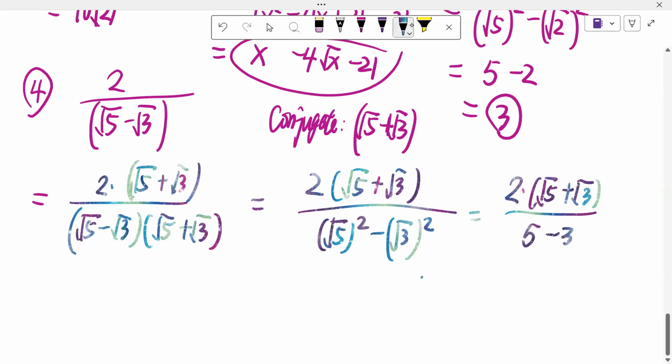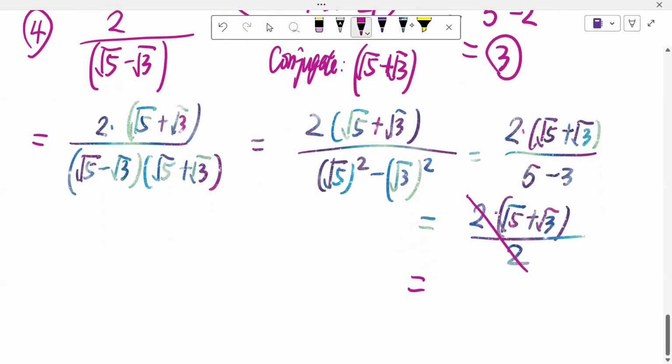And that gives us 2. So 2 times radical 5 plus radical 3 over 2. And after that, we cancel the 2. So the answer is going to be radical 5 plus radical 3. Any question about this?